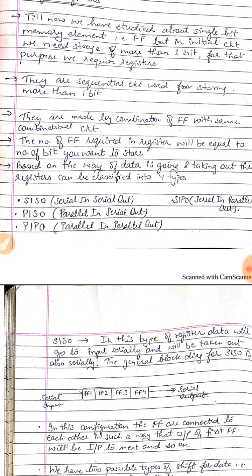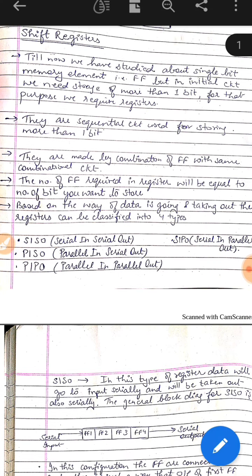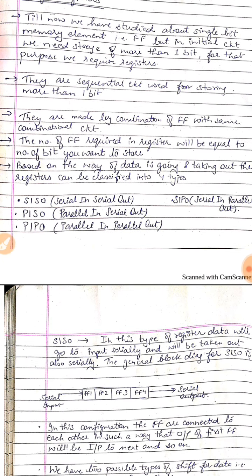So shift registers are circuits which are a combination of some combinational circuit and a number of flip-flops, which can be used to store more than one bit of information.